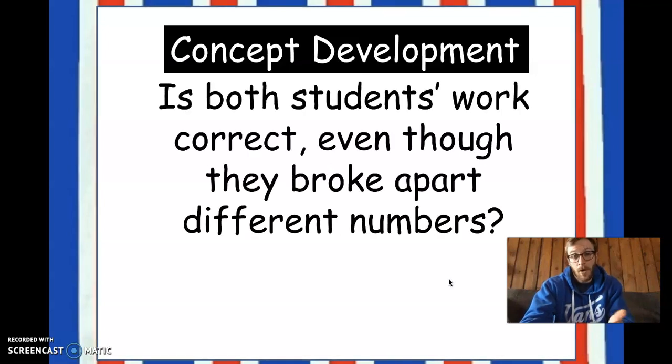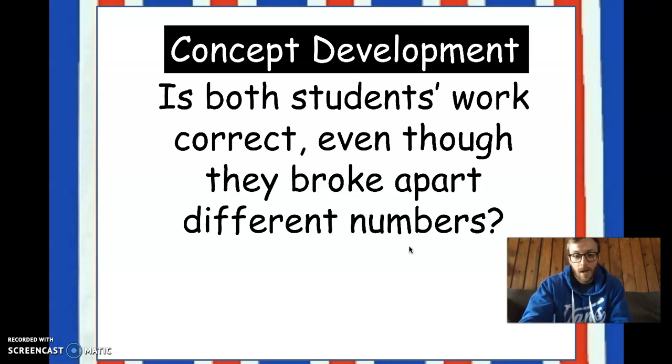Okay. Is both students' work correct, even though they broke apart different numbers? Take a couple seconds to think. Is one right and one wrong? Are they both wrong, or are they both correct? Take 3 more seconds. 2 more seconds. 1 more second.